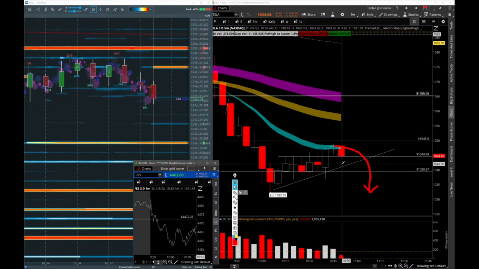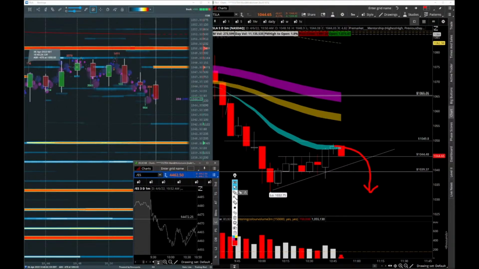2 minutes and 20 seconds to the next completion of this 5-minute chart bar. At the same time, we have NVIDIA fading. So very good move in NVIDIA, and we had also Apple fading.